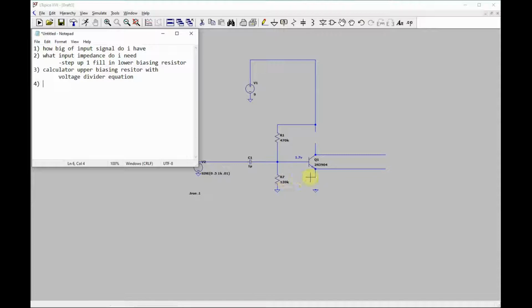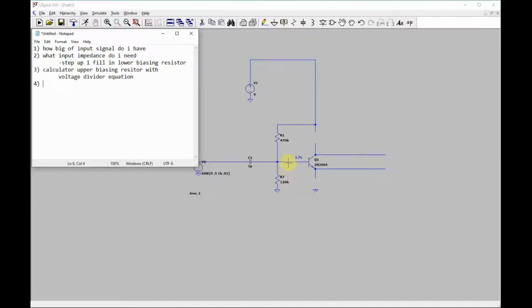The reason is you want the current going through this to be 10 times more than the current going through the base, because that way, if the current going into the base is small compared to this one, it's not going to affect the bias.